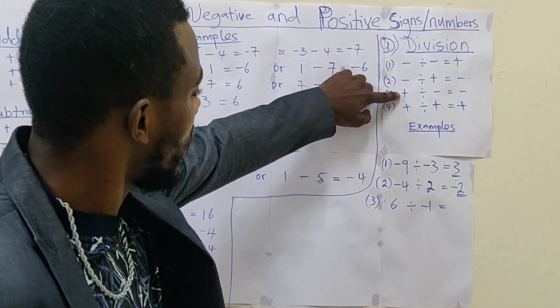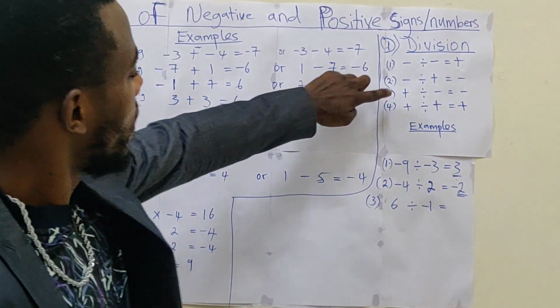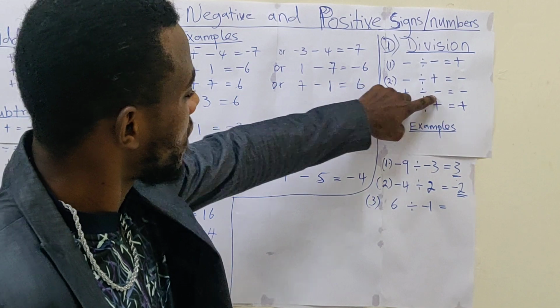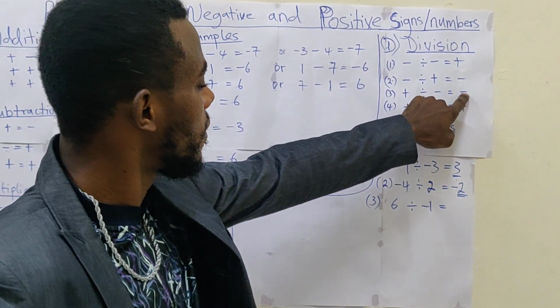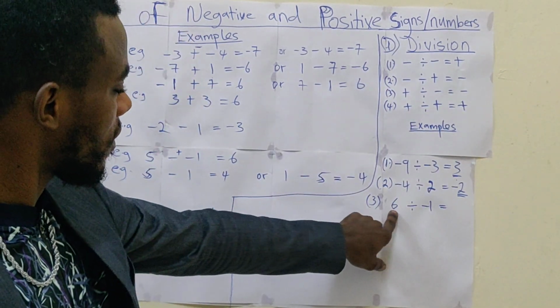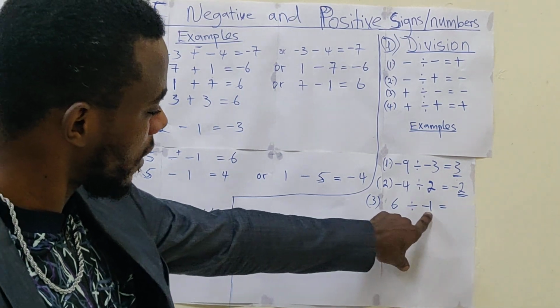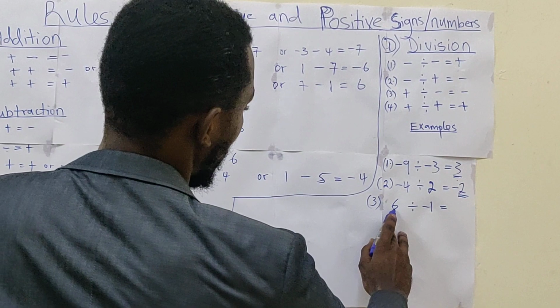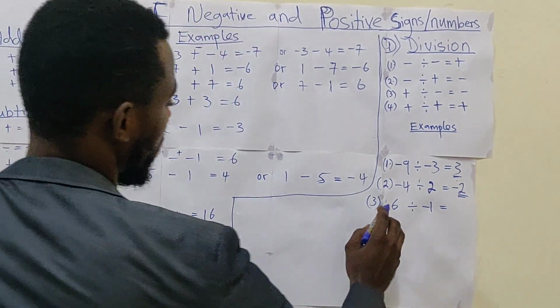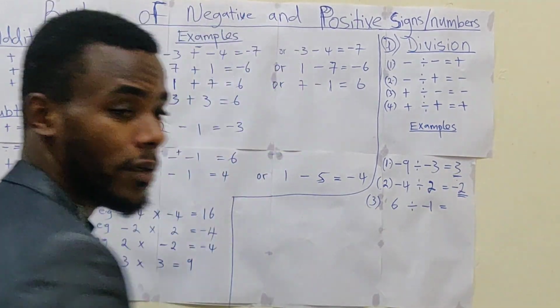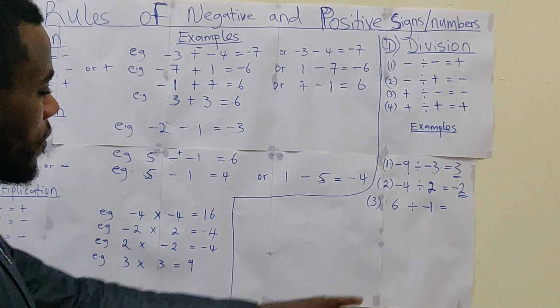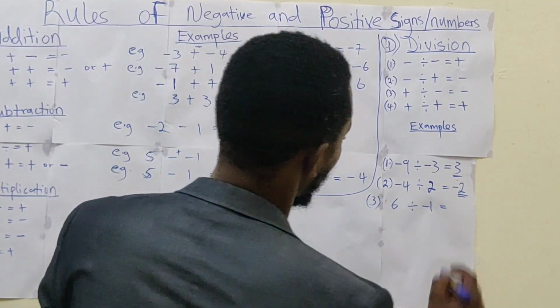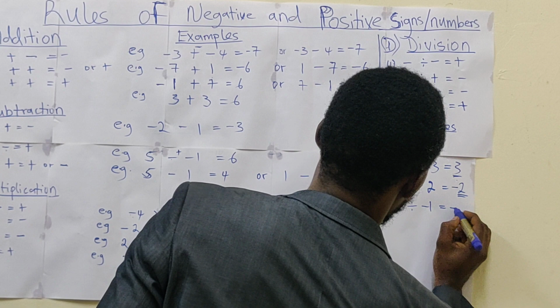So, what do we have here? When a positive number is dividing with a negative number, it is negative. So, this is a positive number, 6, dividing with a negative number, negative 1. Which is 6 divided by 1. 6 divided by 1 is what? 6. And you include your negative sign. So, this is negative 6.